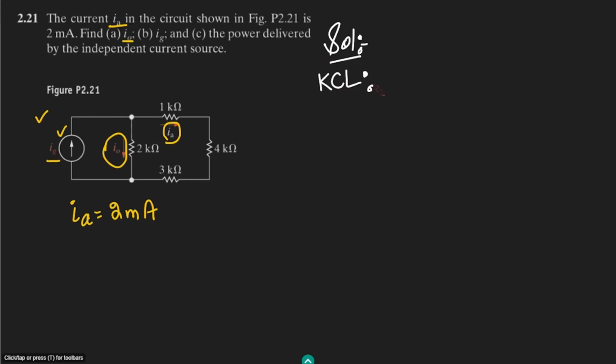According to Kirchhoff's current law, the current IG flows towards this node, which I will call node A, and then it divides into two currents: the first is I naught and the second is IA. So according to the KCL, IG is equal to I naught plus IA.